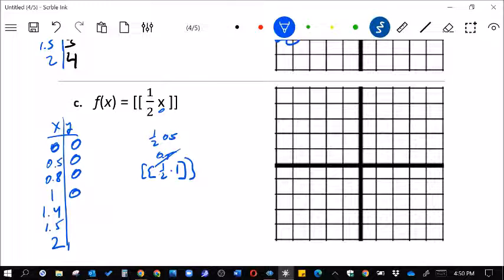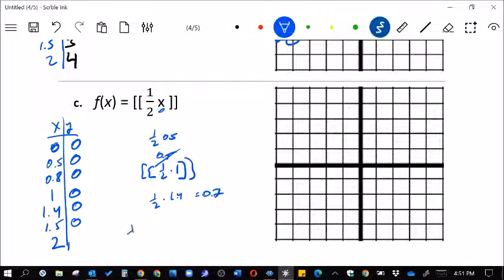If I put 1.4 in there, I get 1/2 times 1.4, which would be 0.7. Still below 1. Same thing with 1.5 now. Half of that would be 0.75, but it still reverts back to 0 because that's the first integer for the number.